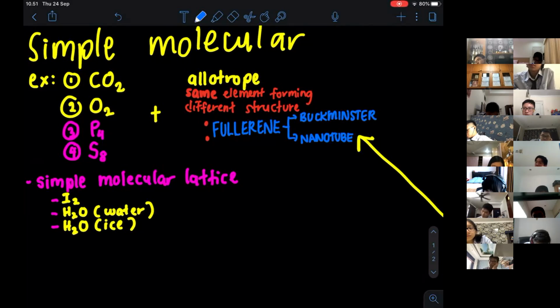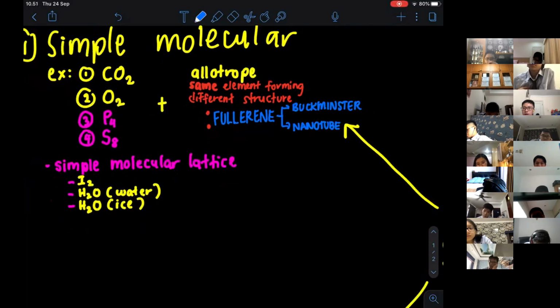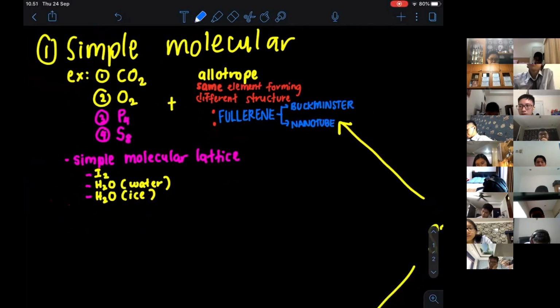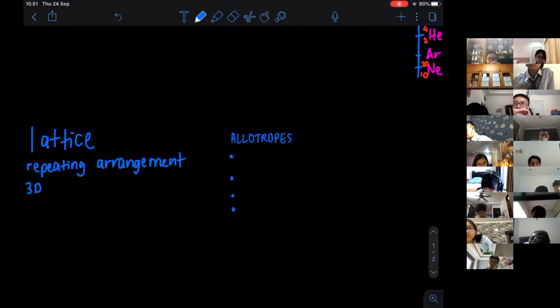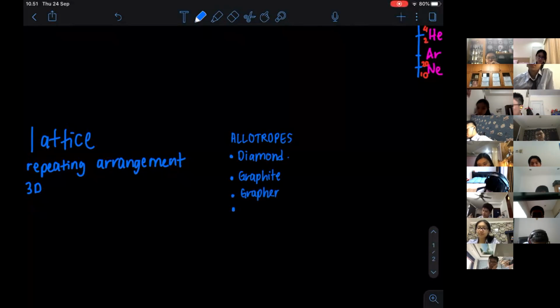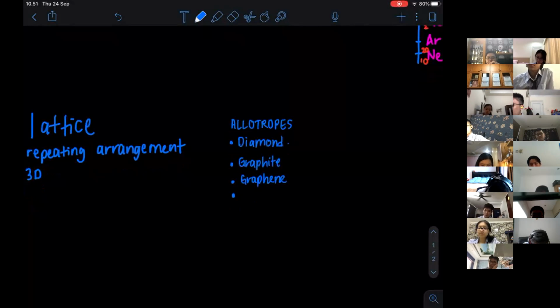But putting this aside, allotropes of carbon can exist in a total of 4 ways. One of it is going to be diamond, second is graphite, third is graphene, and the last is fullerene.